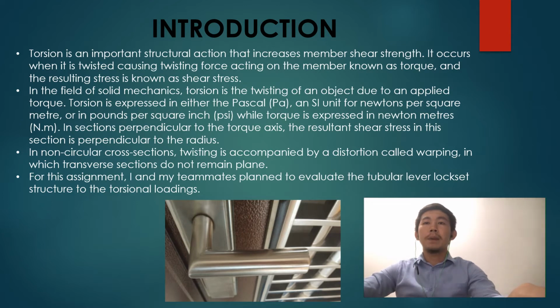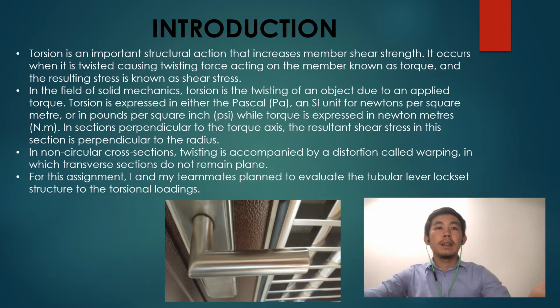In a section perpendicular to the torque axis, the resultant shear stress is perpendicular to the radius. In non-circular cross-sections, twisting is accompanied by a distortion called warping, in which transverse sections do not remain plane.